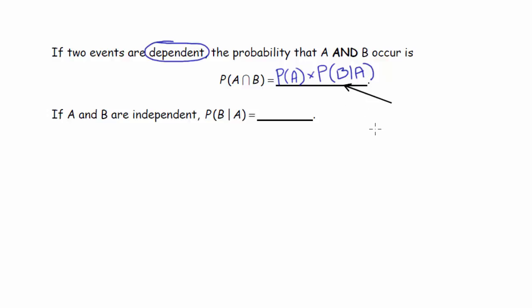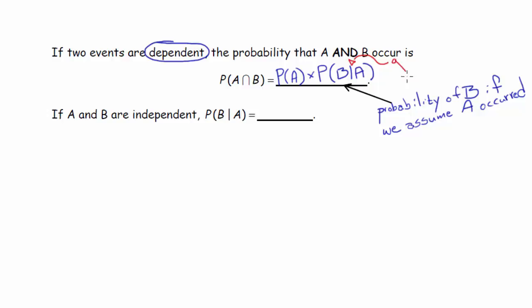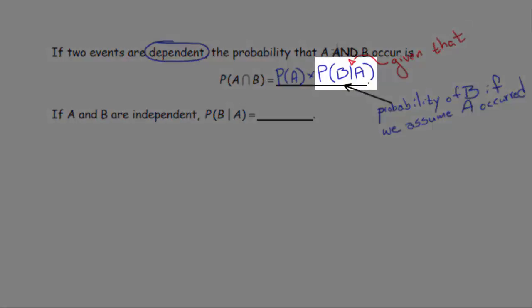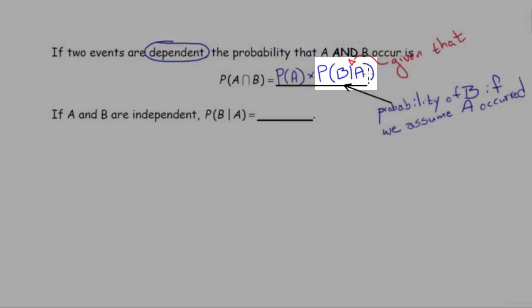So this notation here is the probability of B assuming A occurred. And this little symbol here, which is new, is read "given that." So we would read this as the probability of B given that A occurred.